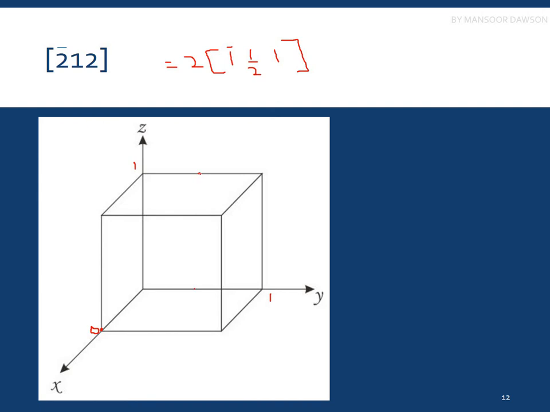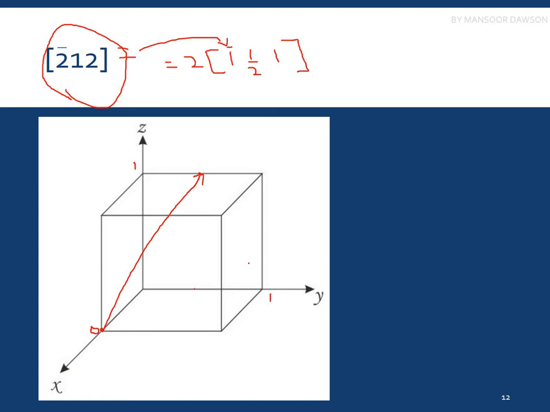So this would be our final point. We'll be matching this. So this would be our direction of 2 bar 1 and 2. Again, this is also equal to this index, that is -1 bar 1 upon 2 and 1. But while representing this, we'll be writing it in the simpler integers, that's 2 bar 1 and 2.